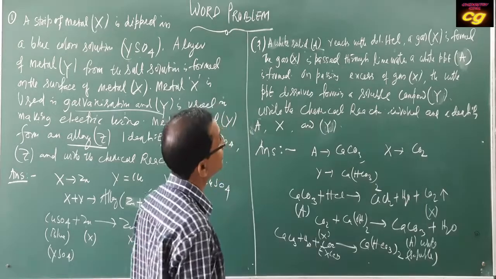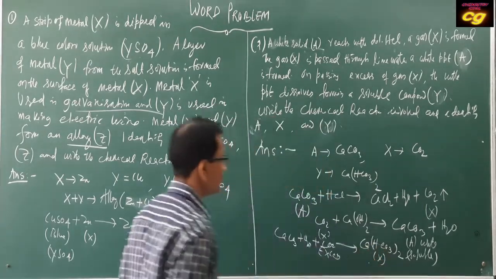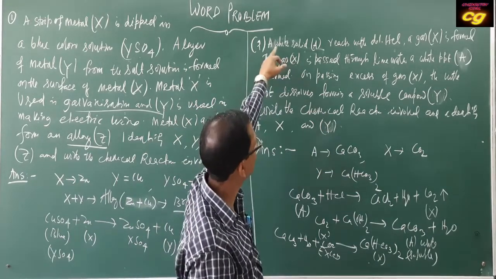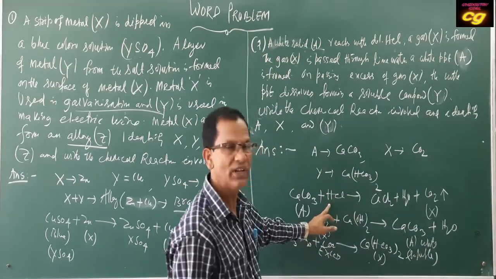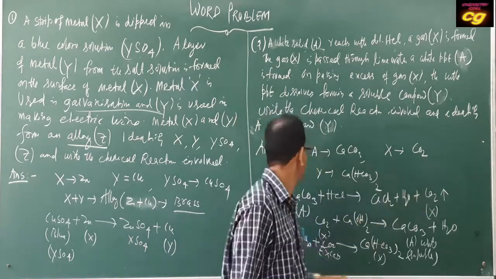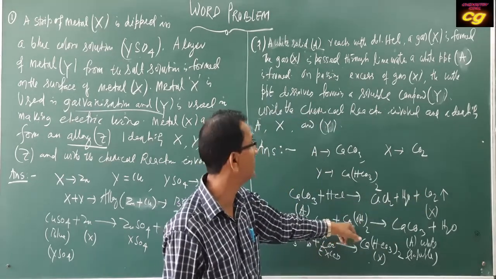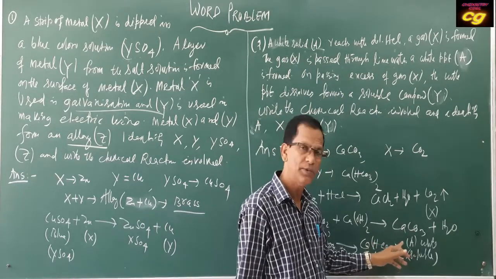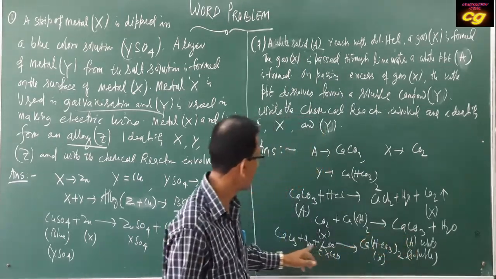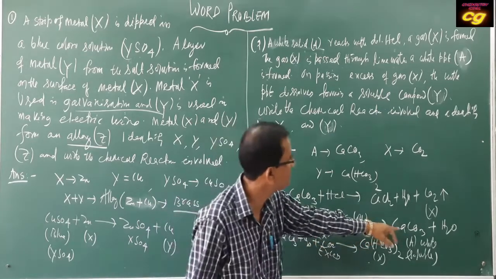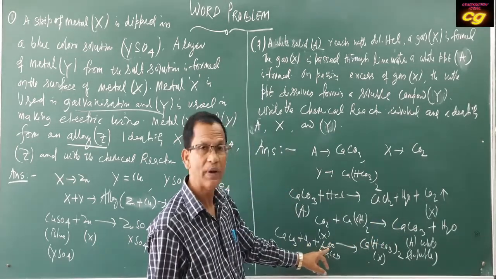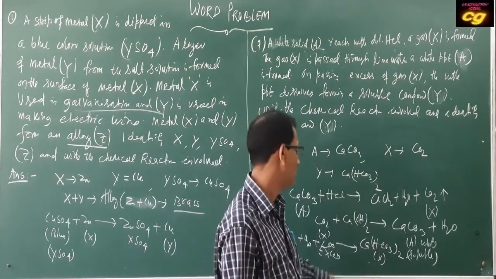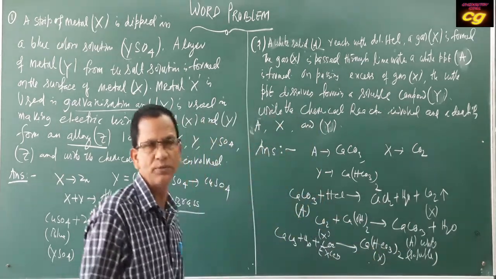So this is your Y. So as per the question, A is calcium carbonate, a white solid, which reacts with dilute HCl forming CO2 gas. This CO2 gas when passed through lime water forms the white precipitate calcium carbonate, because it is water insoluble. When you pass excess CO2 into the same white precipitate, it forms calcium bicarbonate, which is water soluble. That's why the white precipitate dissolved.